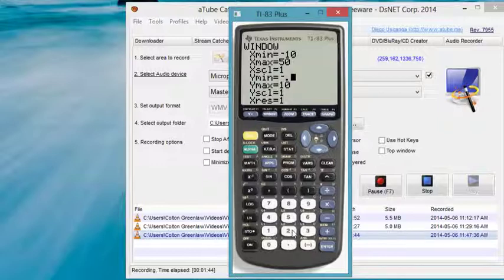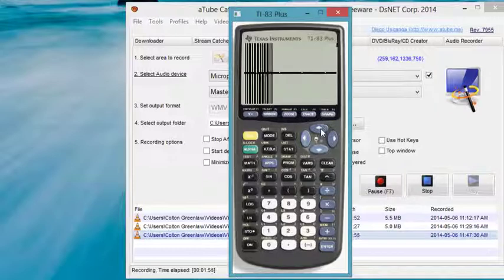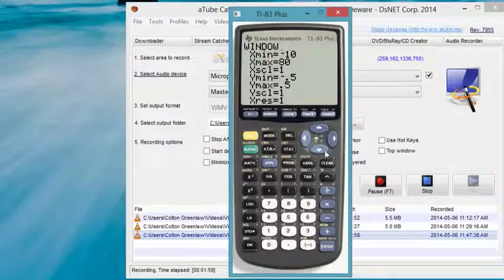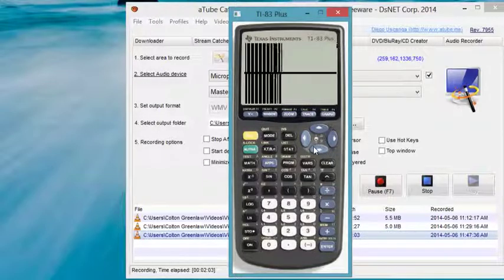So I'm going to go negative 0.5 to 0.5, and let's make this go out a little further. Interesting. A little more. So it looks like it's happening around here.